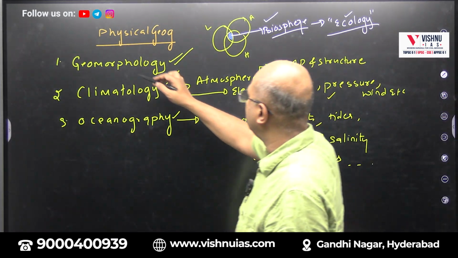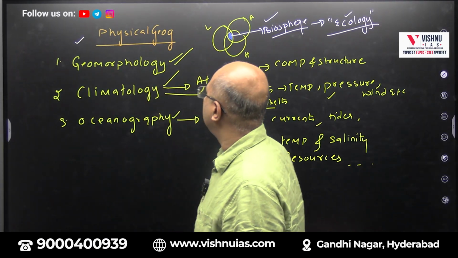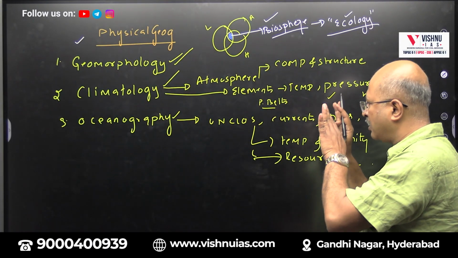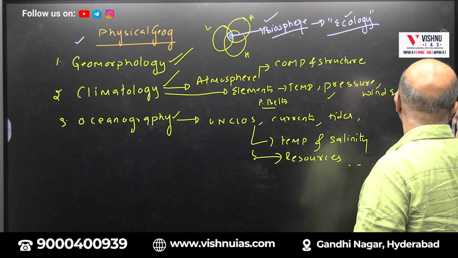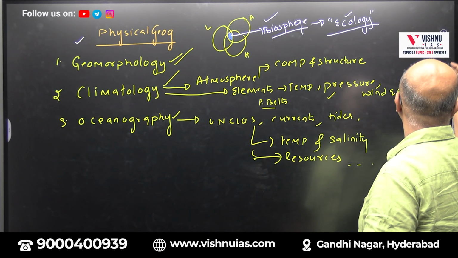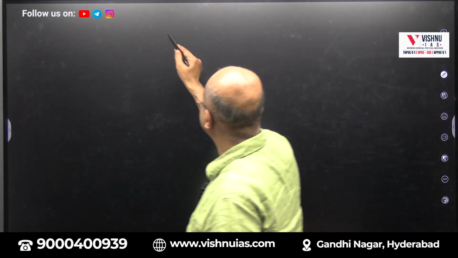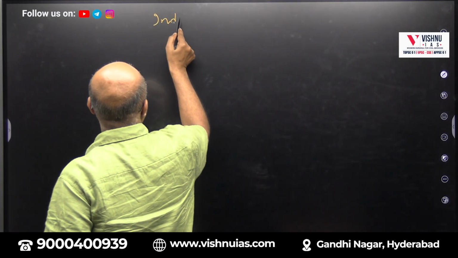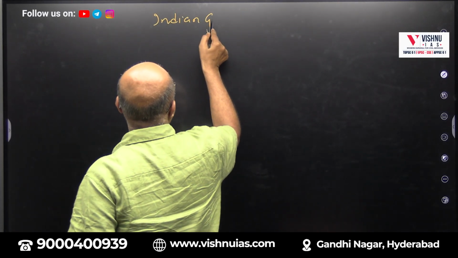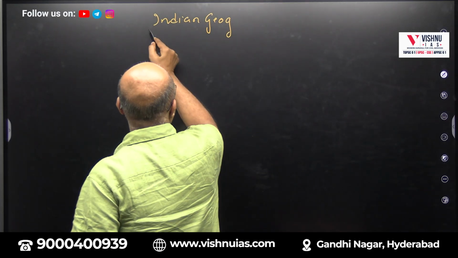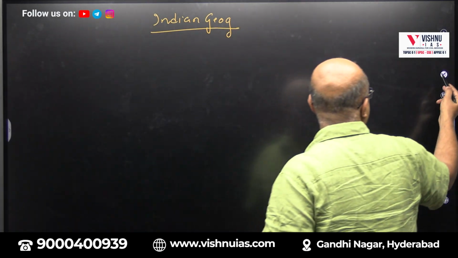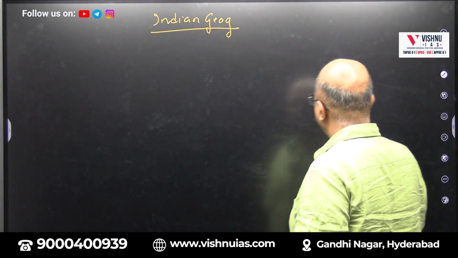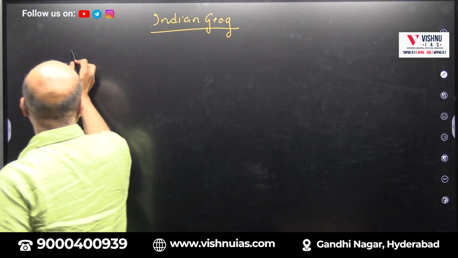So these are the three important aspects in physical geography. Now, once you are done with physical geography, the next portion is Indian geography. Indian geography is also a part of physical geography. What do we have to read here?